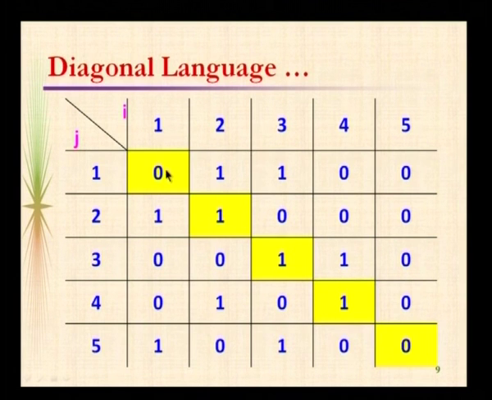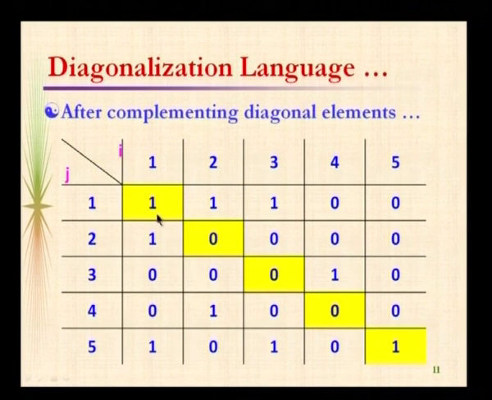The presence of 0 says W1 is not accepted, and once it is complemented, this will become 1. It means that W2 is accepted by M2, and here is the table available. After complementing, we find that 1 is available here, and finally 5 comma 5 is also 1.